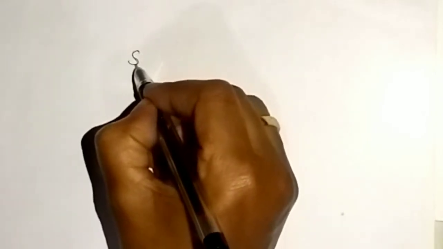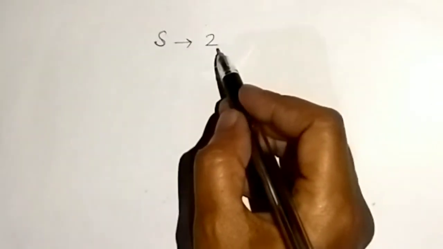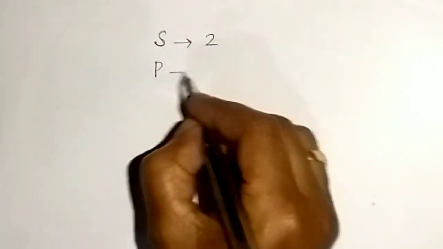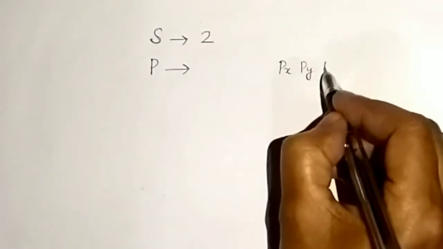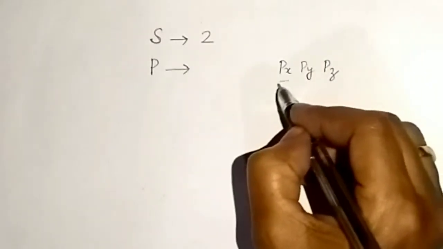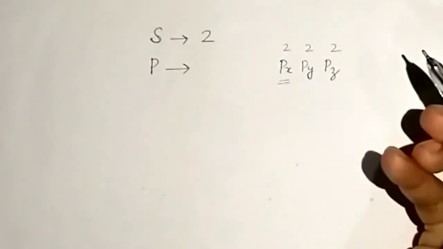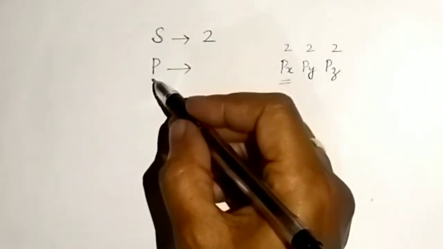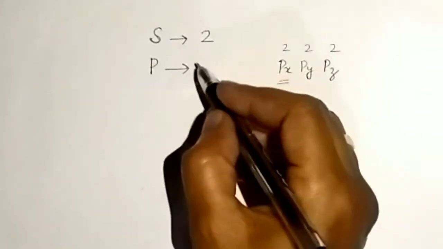You remember, in the case of an s orbital, there is only one possible orientation in space. So for an s subshell, the maximum number of electrons accommodated is 2. Then in the case of p orbitals, p has 3 possible orientations, px, py, and pz. Each atomic orbital has a maximum of 2 electrons, so in the p subshell the maximum is 2 plus 2 plus 2, that is 6 electrons.